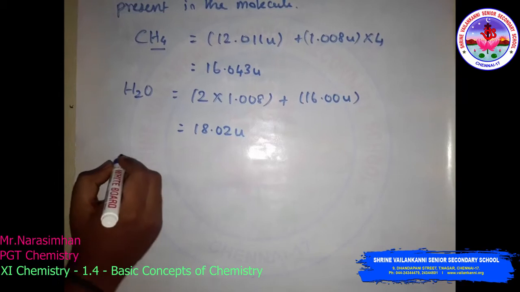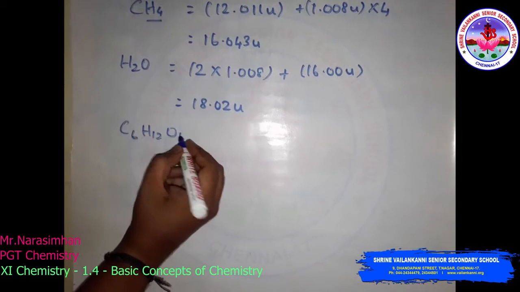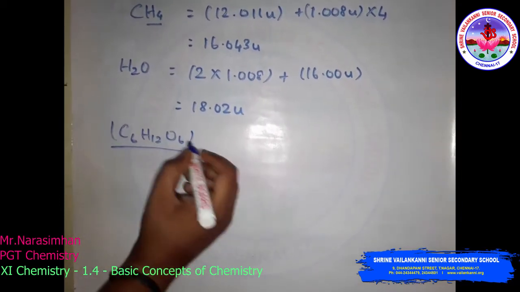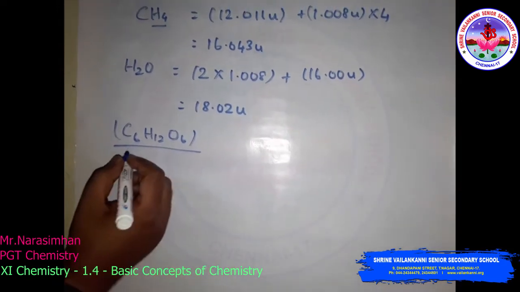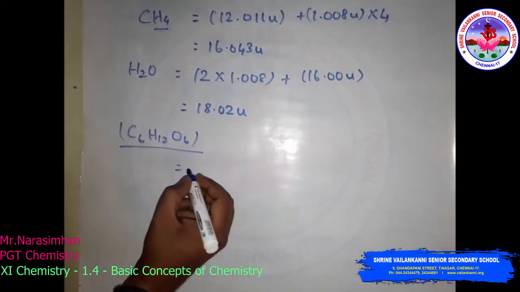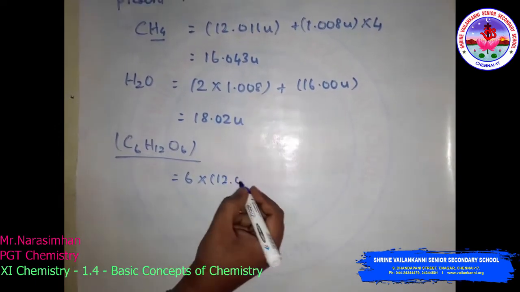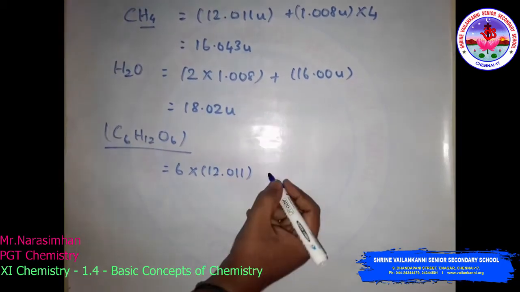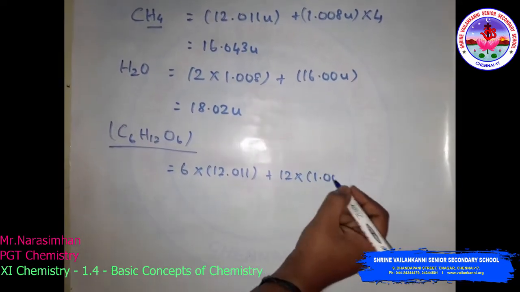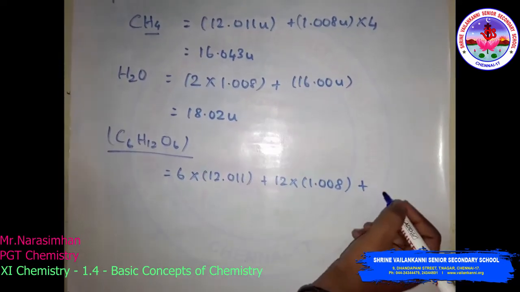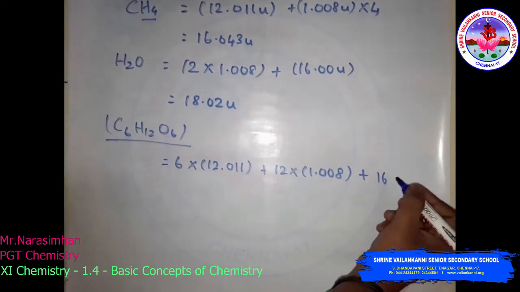In a similar way, the molecular mass of glucose. C6H12O6 is the molecular formula for glucose. We can calculate here. How many carbon atoms are present? 6. So 6 into the mass number of carbon, 12.011 U. Then adding hydrogen, 12 into 1.008 U, plus oxygen, 16 into 6.